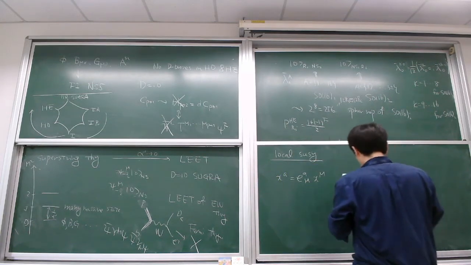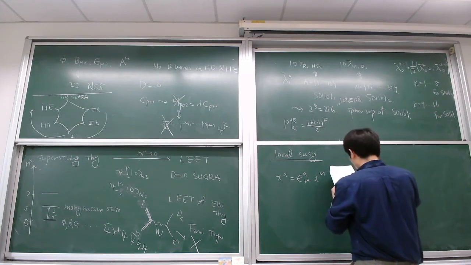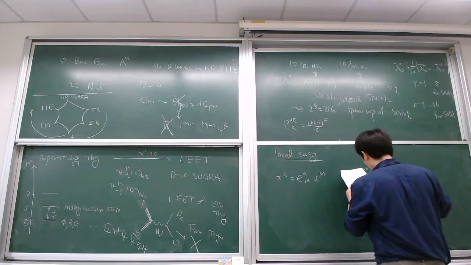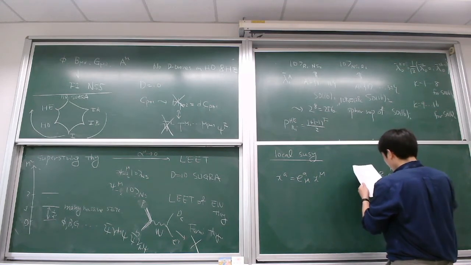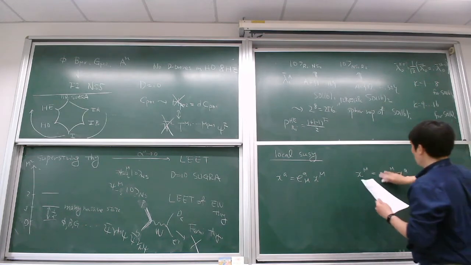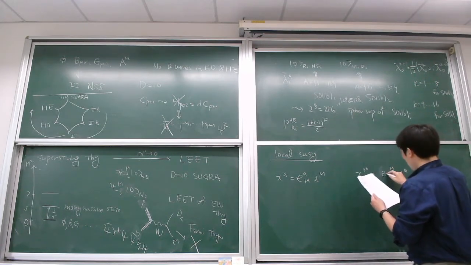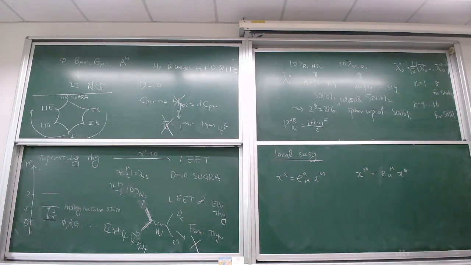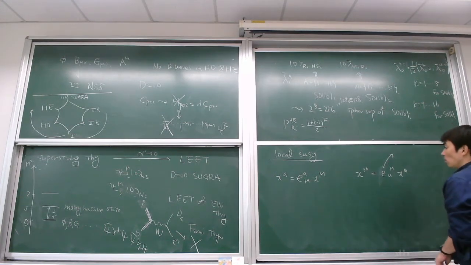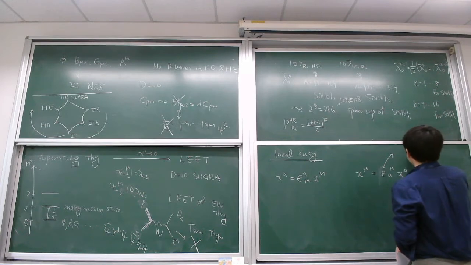Okay, and then this e^a_m will give you the ordinary coordinate to orthonormal coordinate.